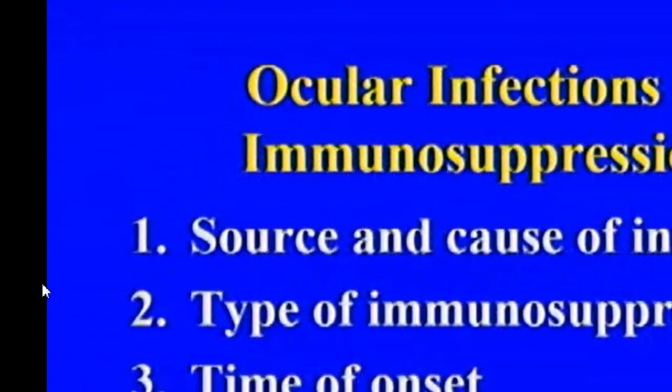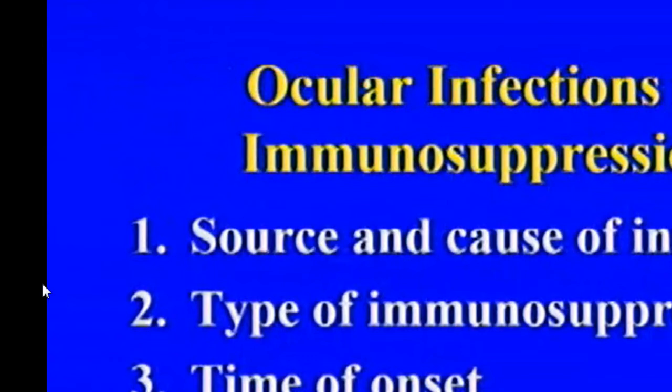Now, in ocular infections, in patients who are immunosuppressed, we have to identify the source and cause of the infection. We have to identify the type of immunosuppression. We have to look at the time of onset and prophylaxis. This is very important.